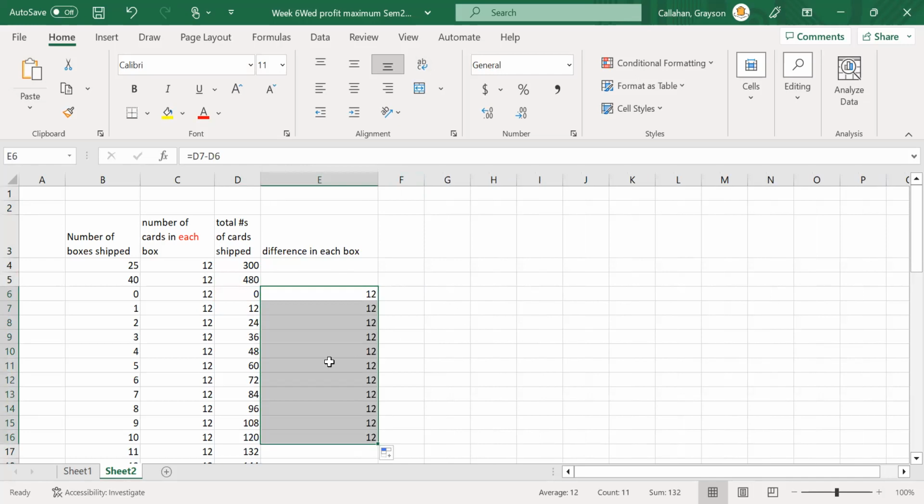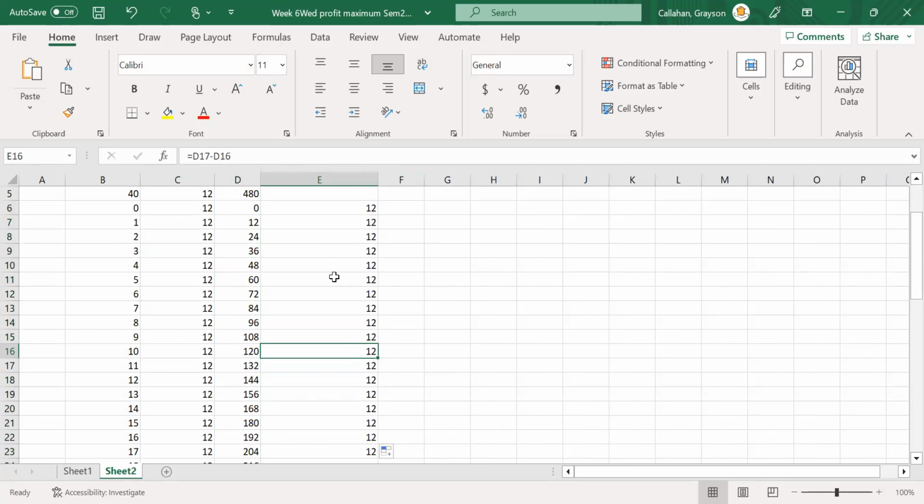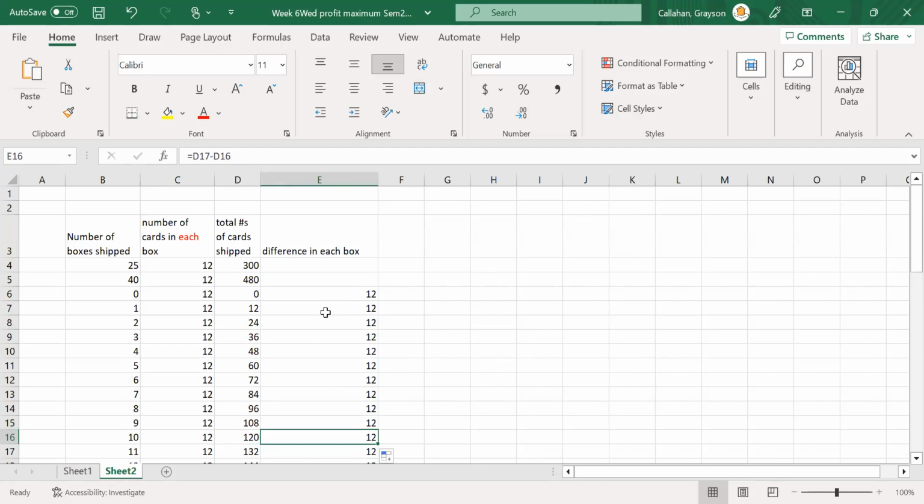Plus 12. Yeah, from each of the boxes, do you see the difference? What's the similarity here? They're all 12 because every single box you're going to increase by 12, right? For every extra box you have, you're going to increase it by 12, right?